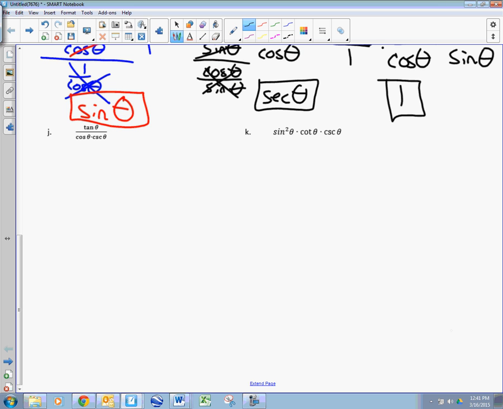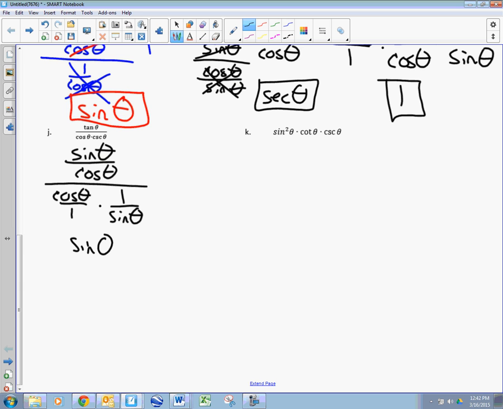You guys are smart. Tangent is sine of theta over cosine of theta, divided by, I don't change cosine, I just write cosine of theta over 1. And cosecant is 1 over sine of theta. So you have sine of theta over cosine of theta over cosine of theta over sine of theta.